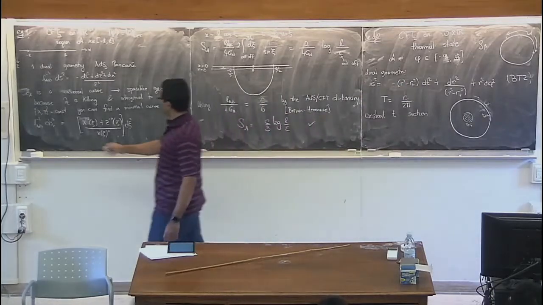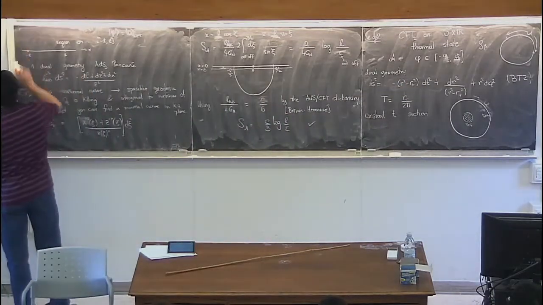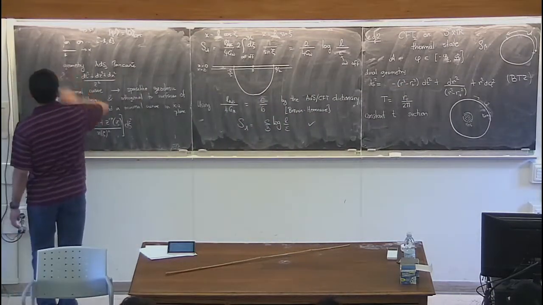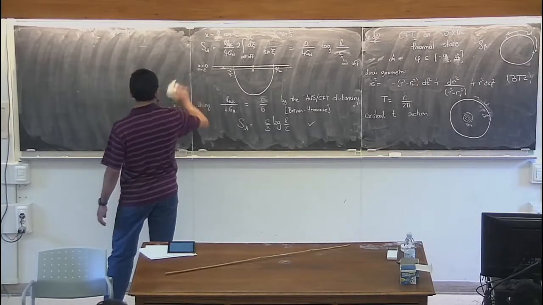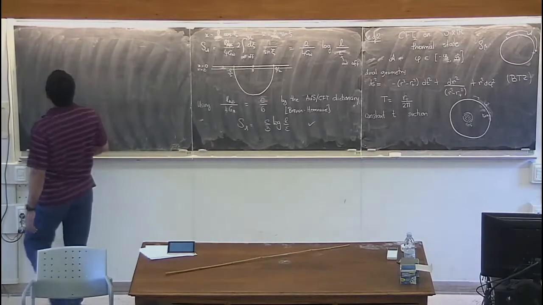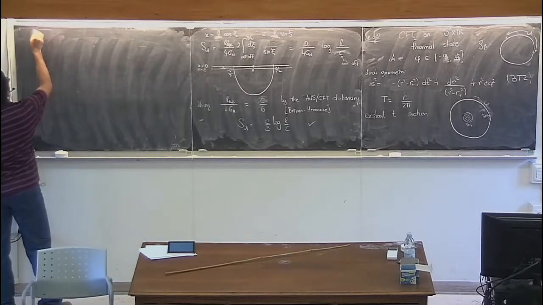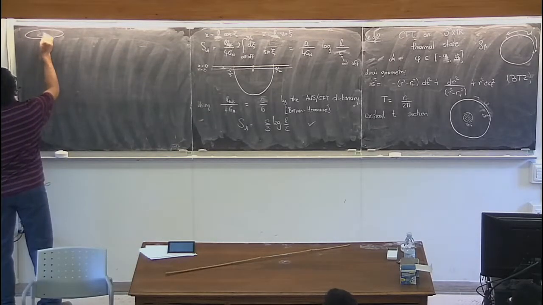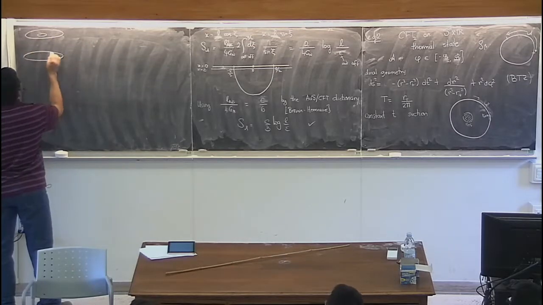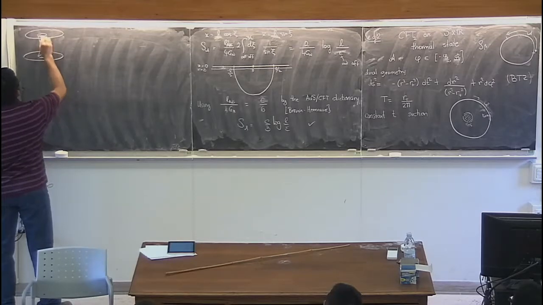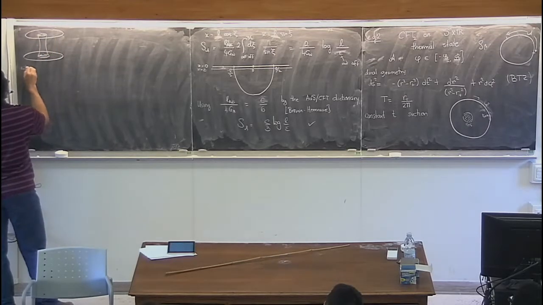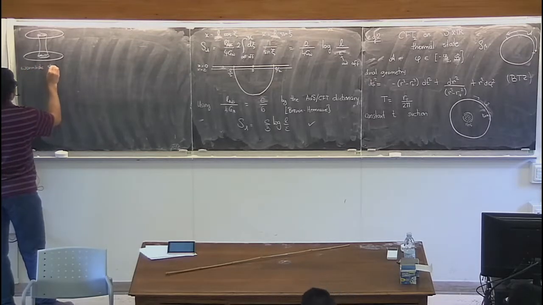So the wormhole picture looks like this, but I'm just drawing one boundary and one side.